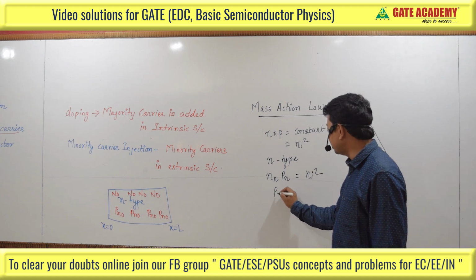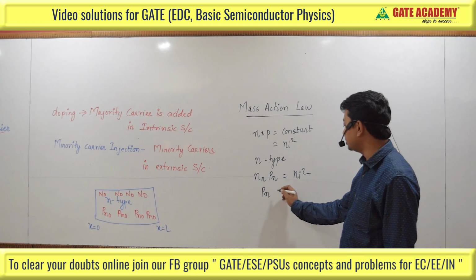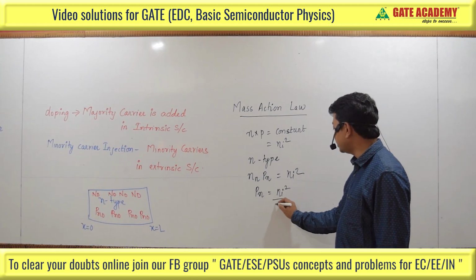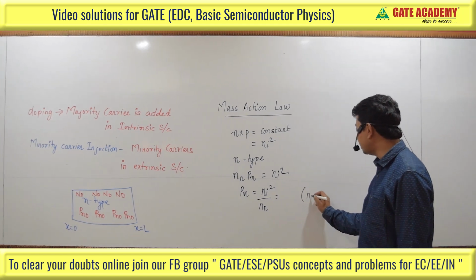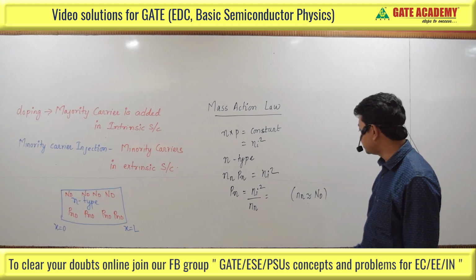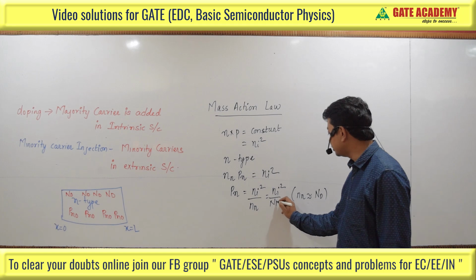So we find the concentration of minority charge carrier in the n-type semiconductor. This is equal to ni square divided by n in n-type, and this n in n-type is approximately equal to the number of donor atoms added. So this is equal to ni square divided by Nd.